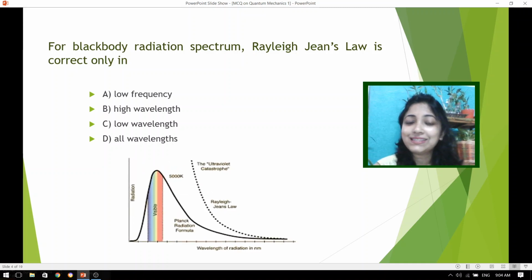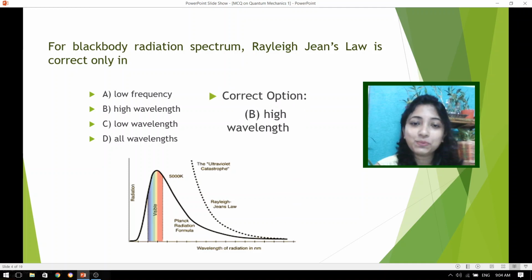As you can see, the continuous plot is the experimental data, whereas the dotted line shows the Rayleigh-Jeans law. And the Rayleigh-Jeans law matches the experimental data only in the higher wavelength region to a certain extent. So, among all the options given to us, this time our correct option will be option B, high wavelength.